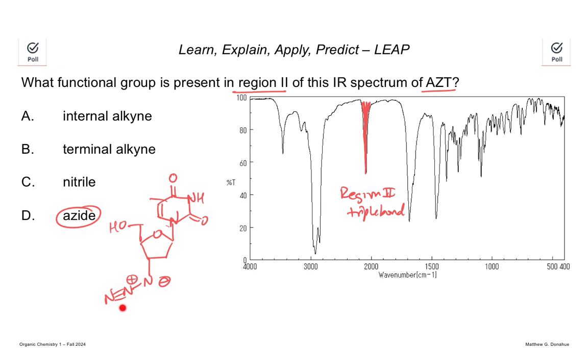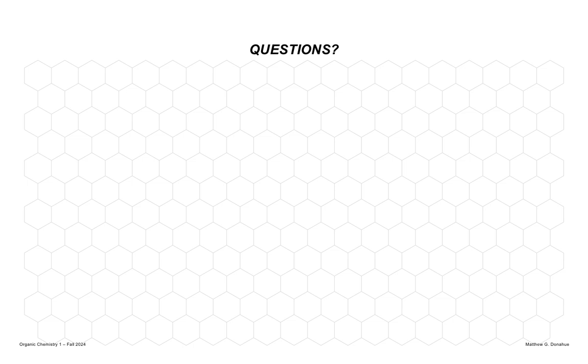So the azide also has a triple bond, but it's present between two nitrogens. So that's why you would see it in region 2. So that was the last slide on IR.